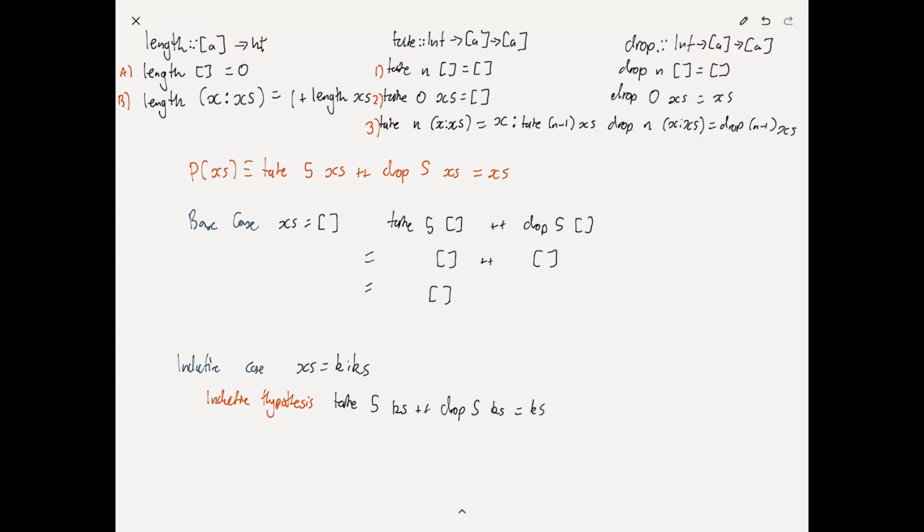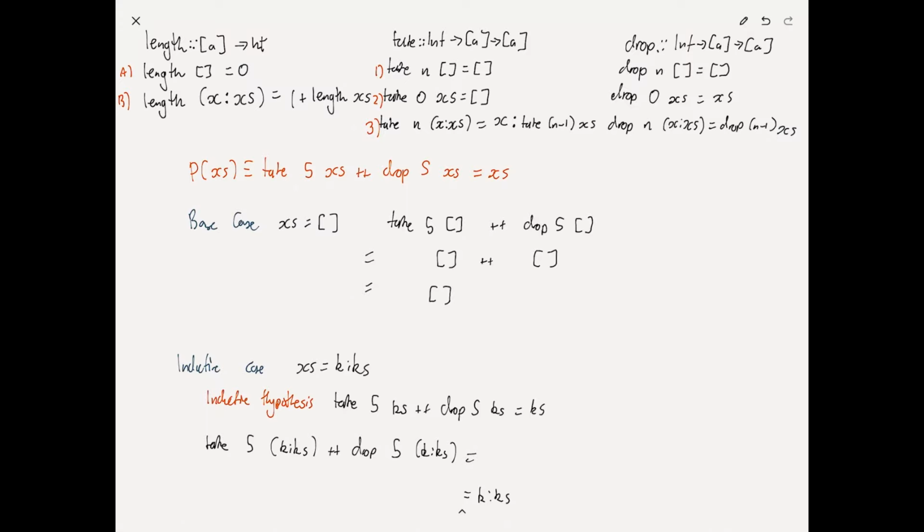That's my inductive hypothesis. And what I want to show is take 5 of k followed by k's plus plus drop 5 of k followed by k's equals, eventually, somehow I need to get to k followed by k's.